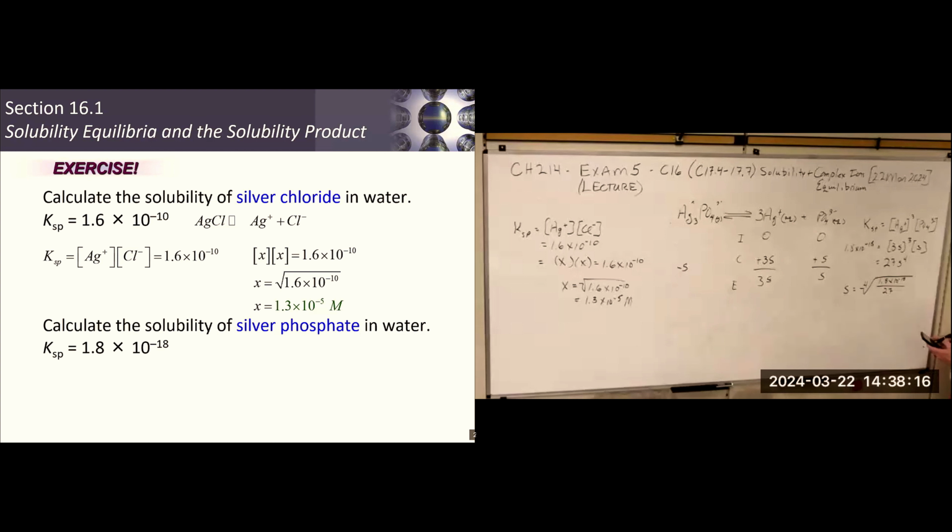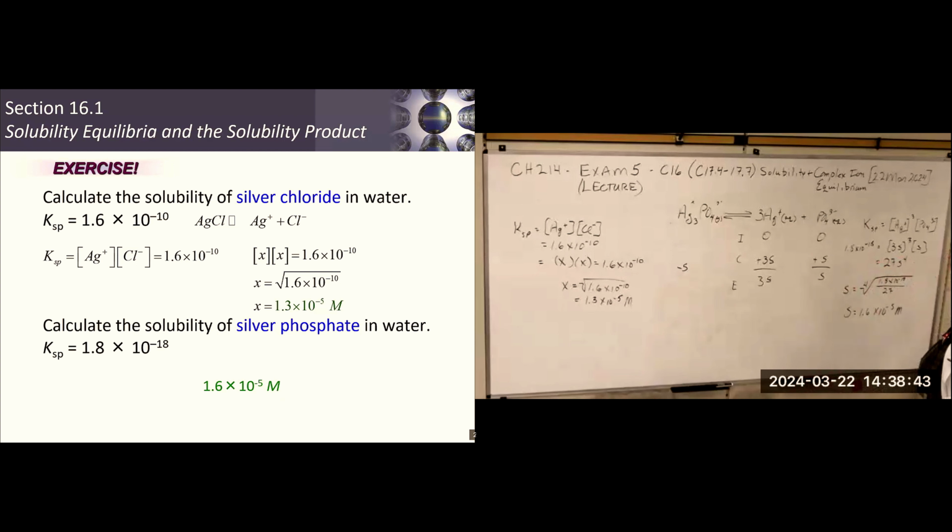So I'm going to say 0.25 as the power. So I should get S equals 1.6 times 10 to the minus 5 molar. Let's see if that came out right. Yeah.